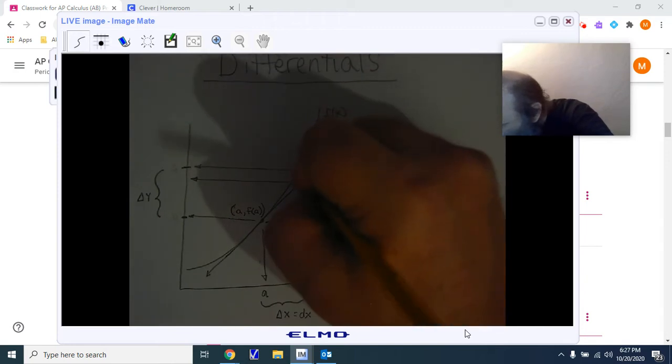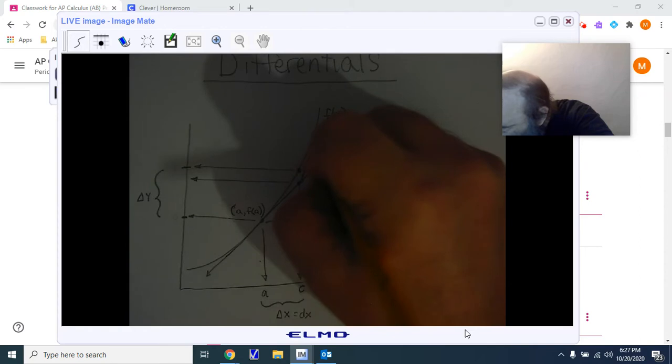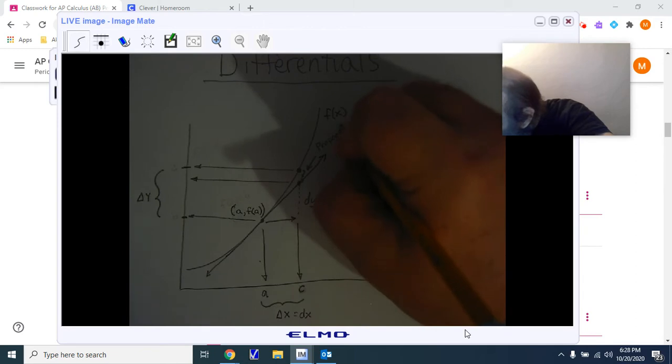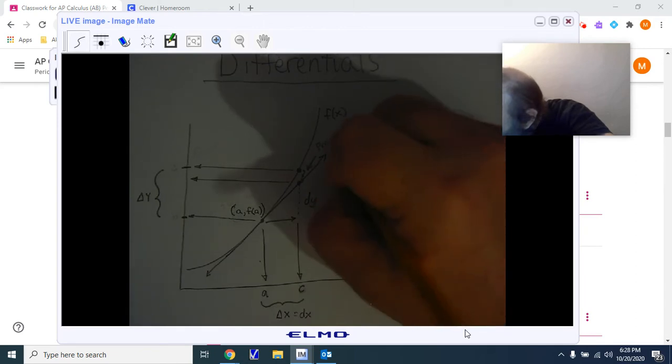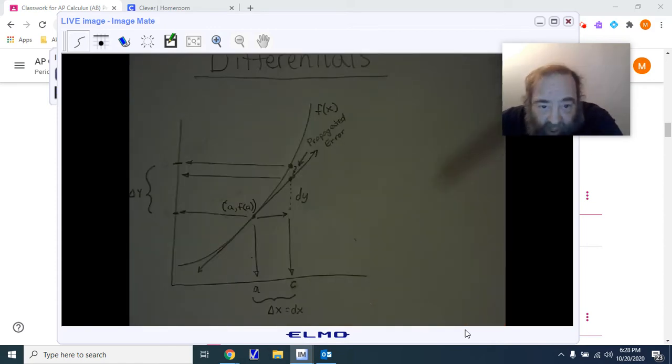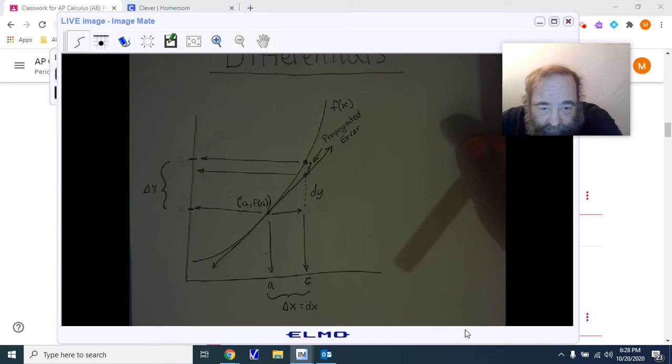We've talked about this piece right here. This is our propagated error. And that's the error that we get from using our tangent line to approximate something.